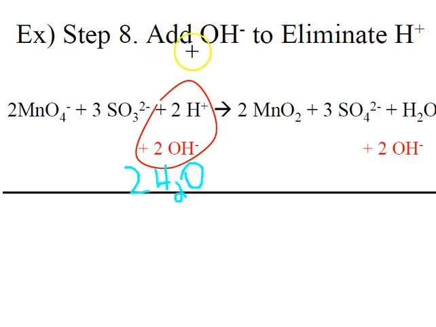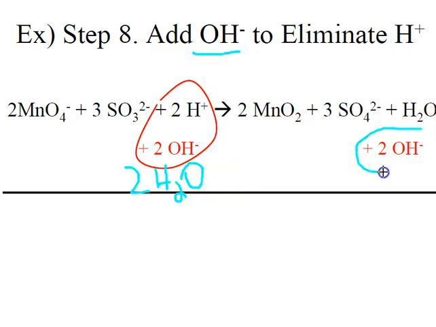So in basic solution, you add OH on both sides. On the side where the H+ is, it's going to combine with the H+ to make water. So if you have 5 H+, you add 5 OHs, you make 5 waters. Here we have 2 H+, we add 2 OHs, we get 2 waters.